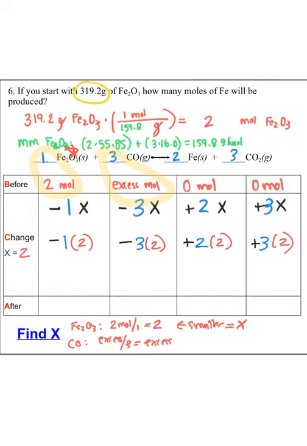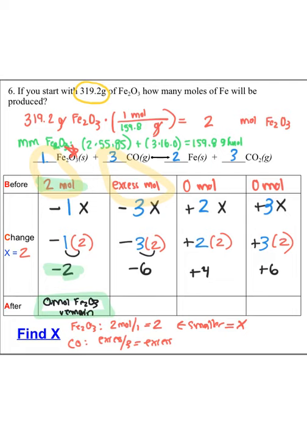Okay, let's do a little math. So that's going to actually be minus 2, minus 6. I'm just multiplying, plus 4, plus 6. And finally, we are going to take B plus C to get our A box. So 2 minus 2 is 0 moles of Fe2O3 remaining, which makes sense.